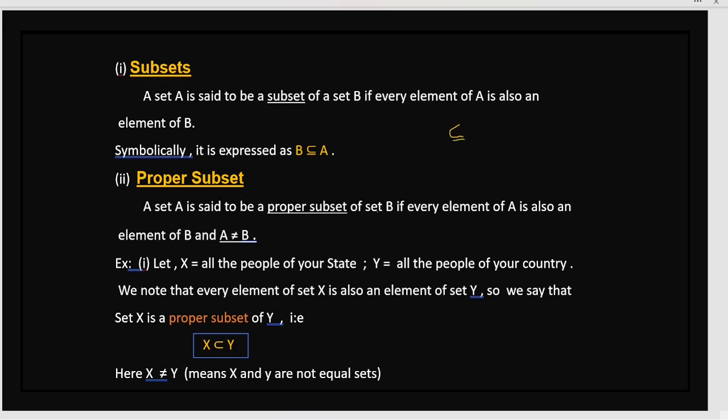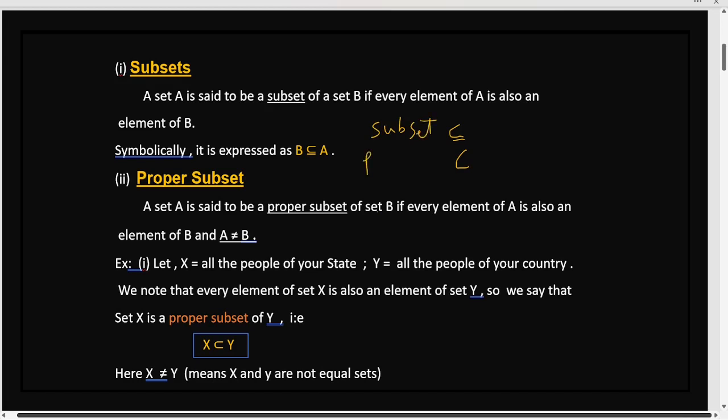For proper subset we write it like this. Remember, this is the difference. This is for subset. This is for proper subset.